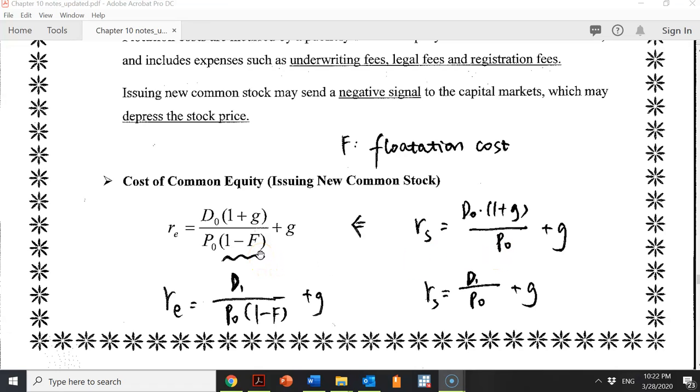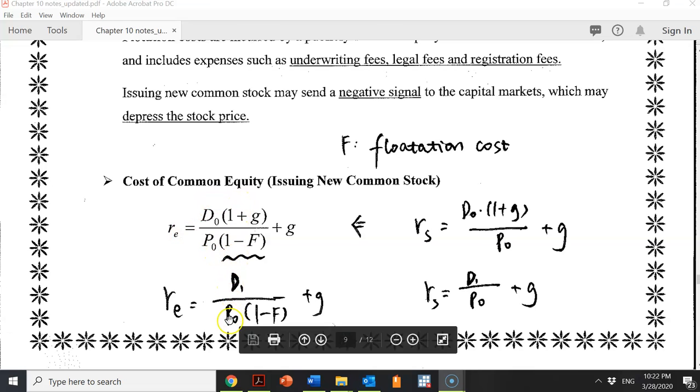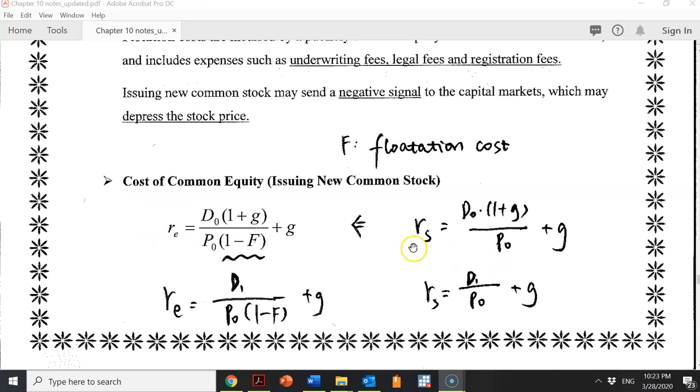So we're still using the constant growth model, but RE, the cost of new common stock, becomes D1 over P0 multiplied by 1 minus F, plus G. This is our new formula, and we can derive it from the original formula for calculating cost of common equity. For a new issue, we multiply P0 by 1 minus F because the stock price decreases due to this new issue.